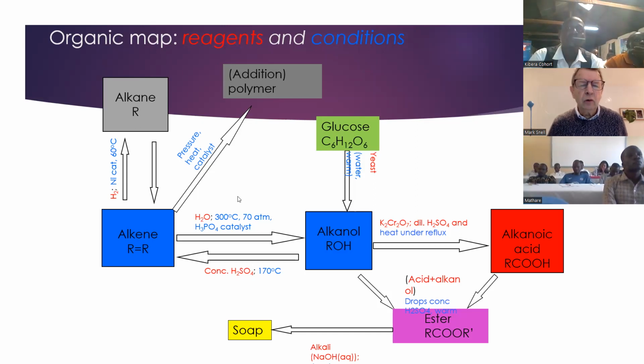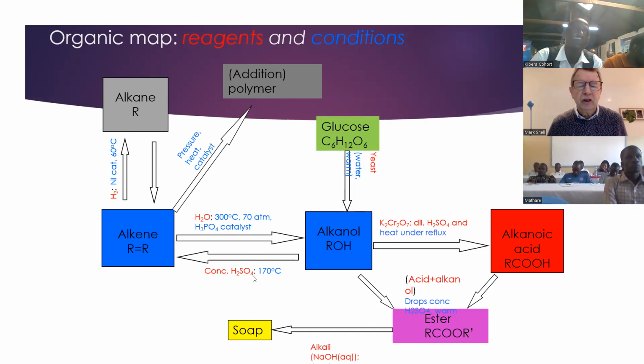There are a whole bunch of conditions and so on, reagents and conditions. I color them differently. So I put the reagents, the reactants, in one color and the conditions in a different one. So for instance, in alkene to alkanol, water is what is actually going to do the change, but the conditions are 300 C, 70 atmospheres, H3PO4 catalyst.